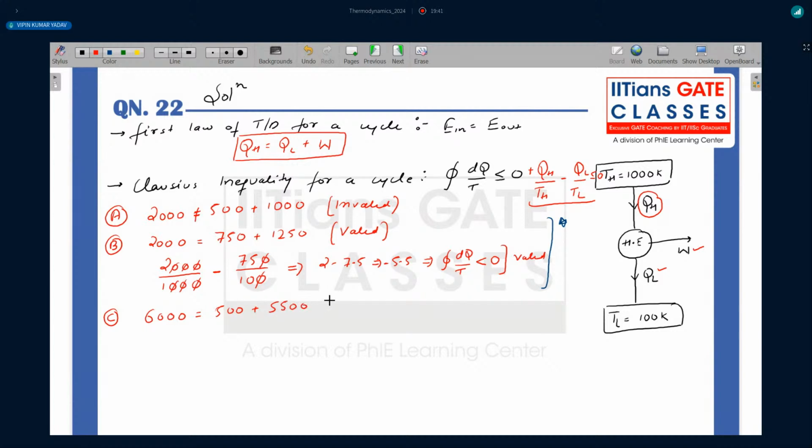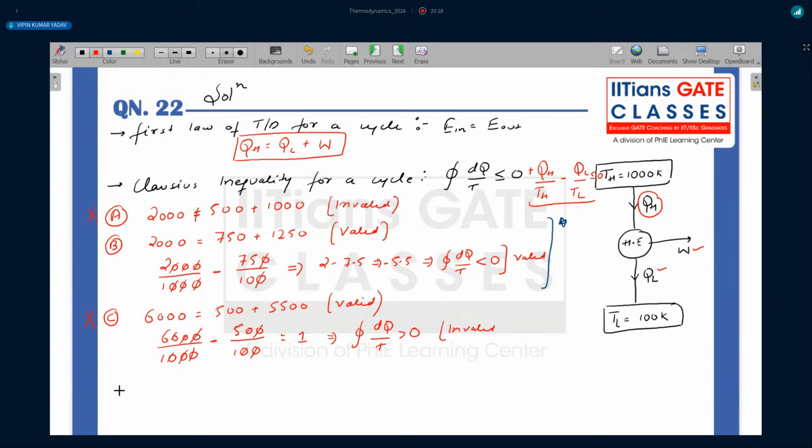What about the second law? 6000 by 1000 minus 500 by 100. Now it is 6 minus 5, which is equal to 1. That means in this condition, the cyclic integral of dQ by T is greater than 0, which is impossible. It cannot happen, so it is invalid. That means option C is also not valid. Option A was also not valid.